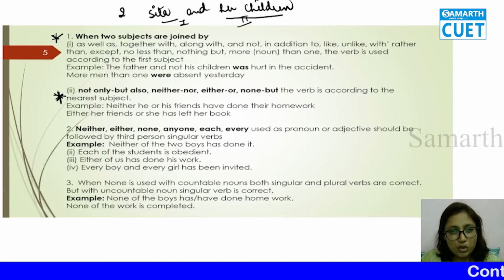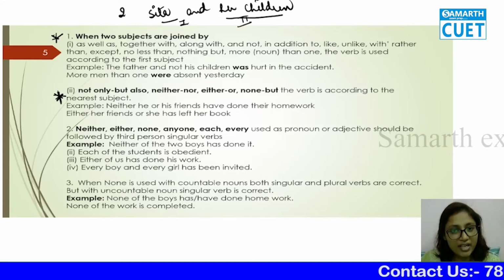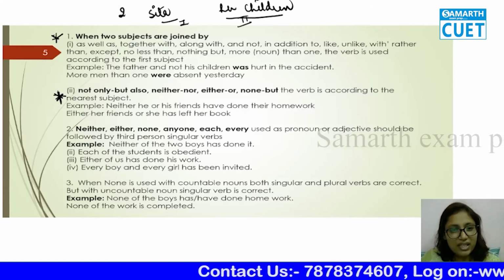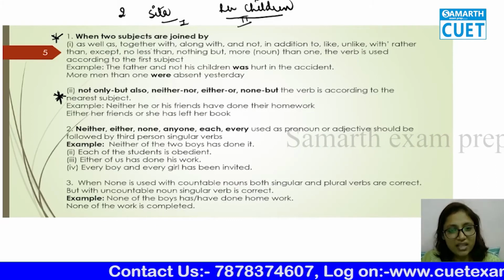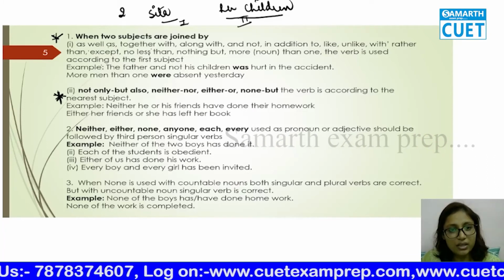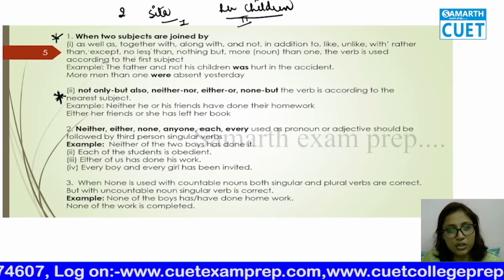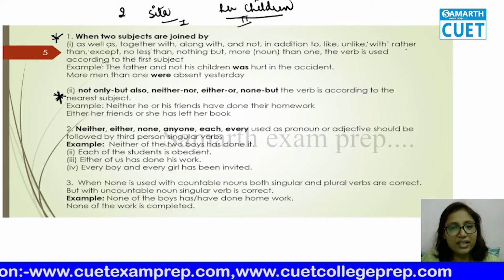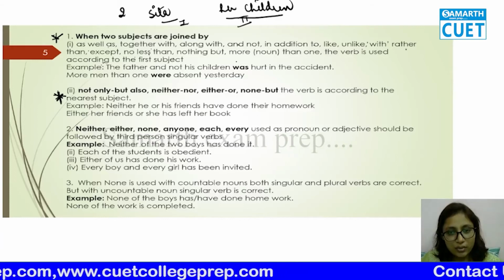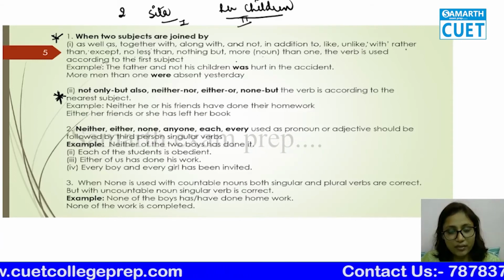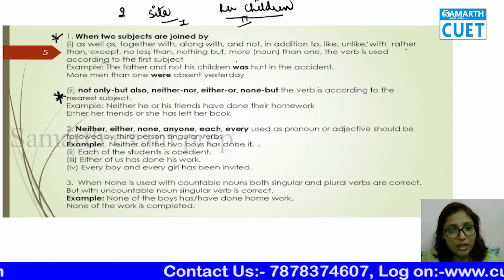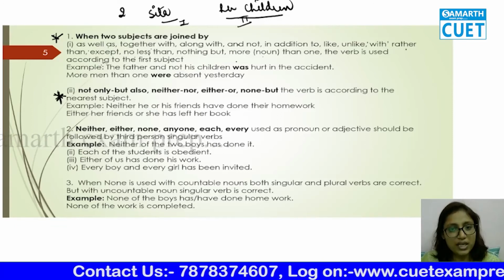So when these two subjects are joined by, not by and, but with any of these, that means with, along with, together with, as well as, not only but also, nothing but, no less than, except, in addition to, like, unlike, rather than, more, this I'll tell you. Okay. So when the two subjects are joined by such words, what happens?